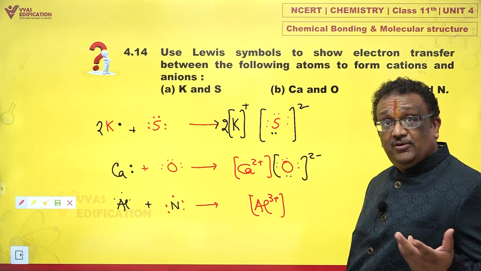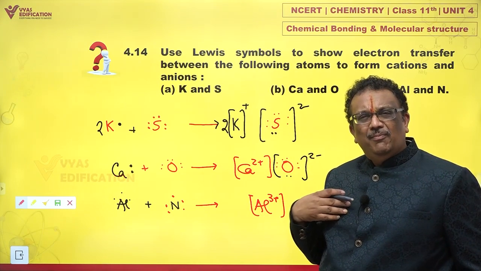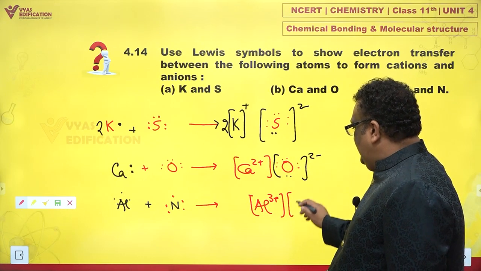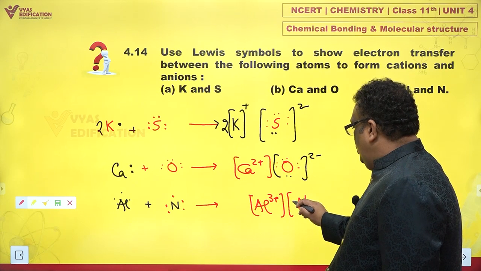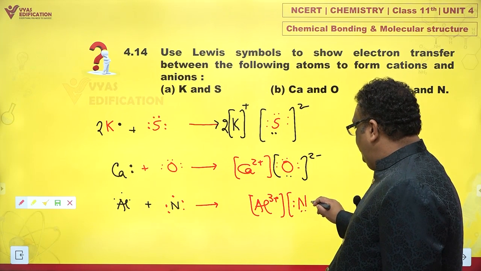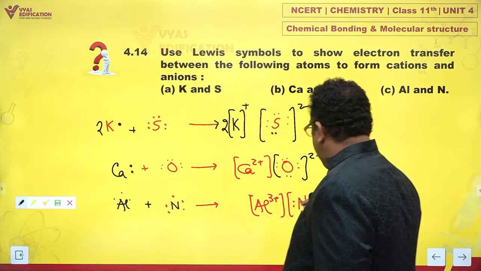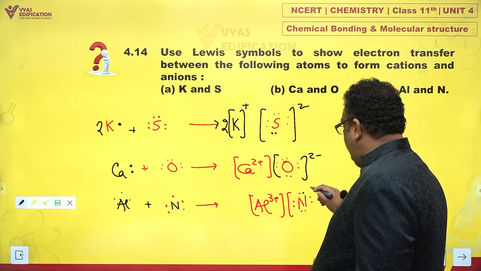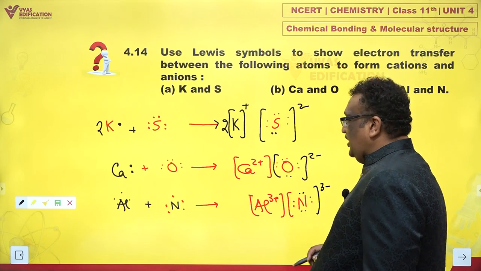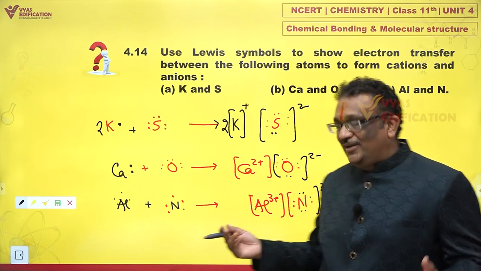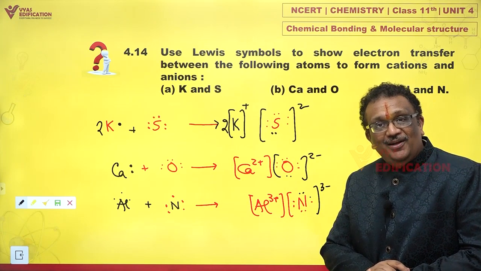But nonetheless, aluminium manages the sacrifice, and nitrogen gets 1, 2, 3, 4, 5, and then 6, 7, 8. Nitride ion. This is how you get the ionic bond for aluminium nitride.